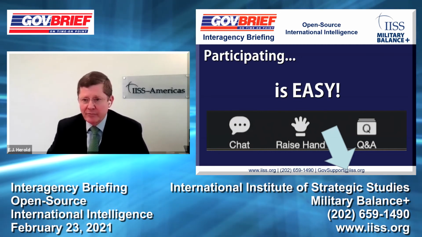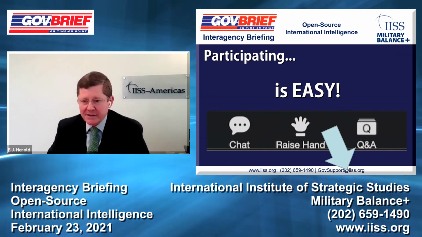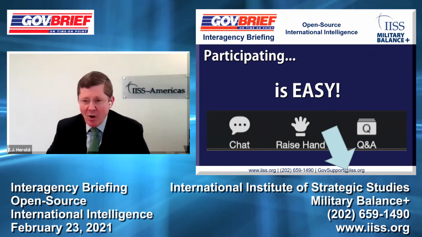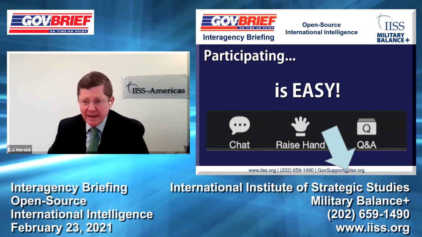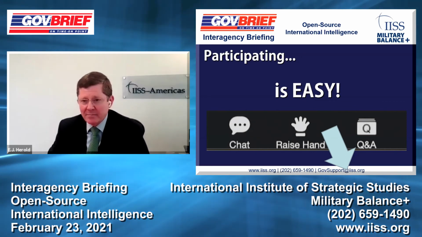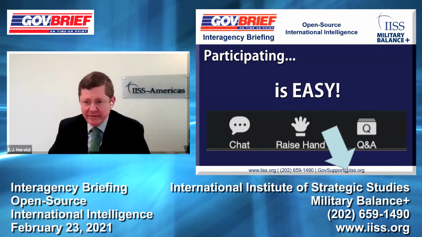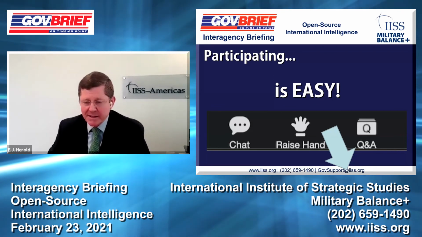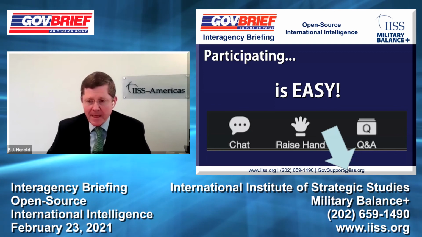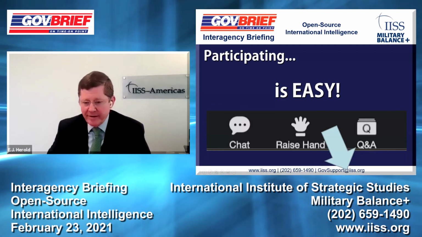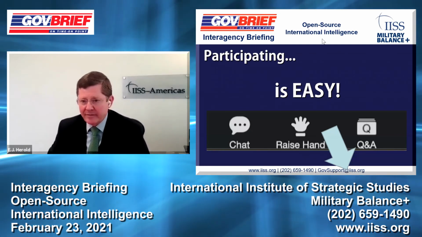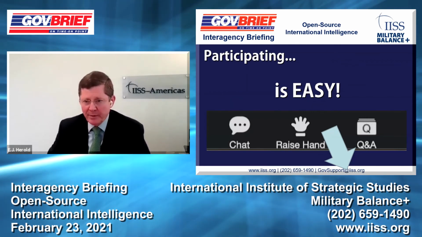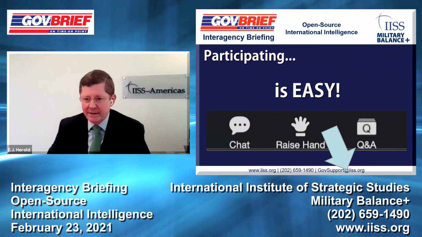So the database grew from initially looking at the status of NATO forces when NATO was a much smaller organization, and comparing them against the Warsaw Pact, and over time have built up to 171 nations that we track and update in this database. We use our own researchers to verify the data. We also have a network of associates around the globe who help us to provide and to verify the information.